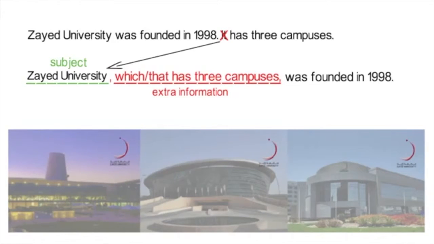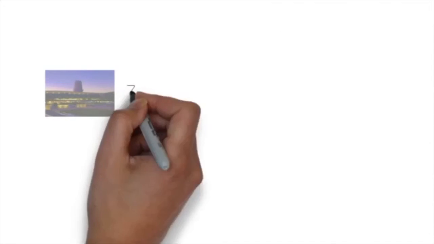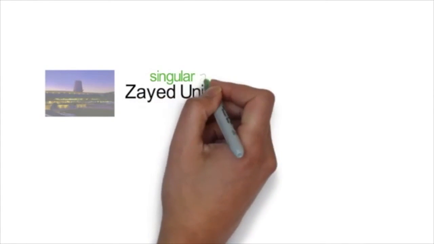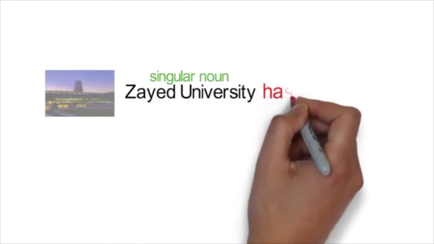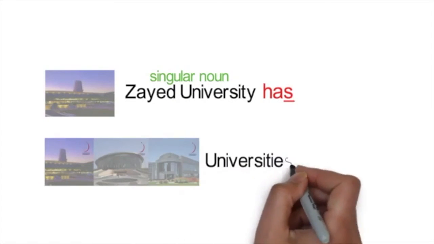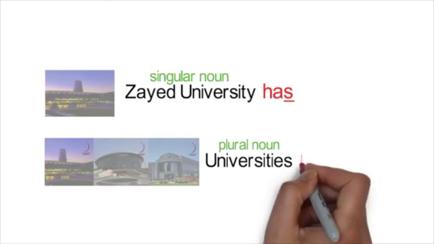Before we finish up for today, I wanted to mention just one more thing. Make sure that the verbs in the relative clause agree with the noun. For example, for Zayed University, which is singular, use the form of the verb has. But if the noun is universities without Zayed, then you would use have.